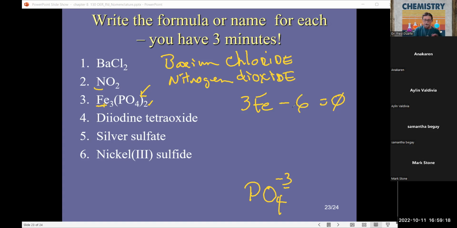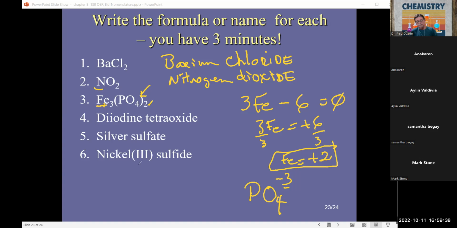Okay, so here's our algebraic equation. Now we got to solve for iron. So it's 3Fe, add +6 to both sides, and now we can divide through by 3. Okay, so Fe is equal to a +2.